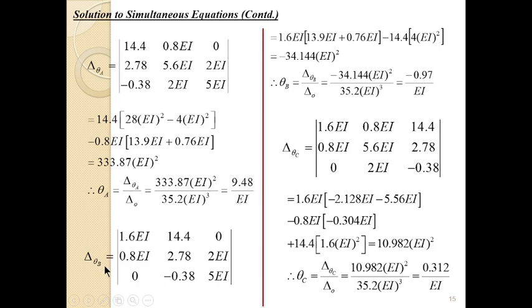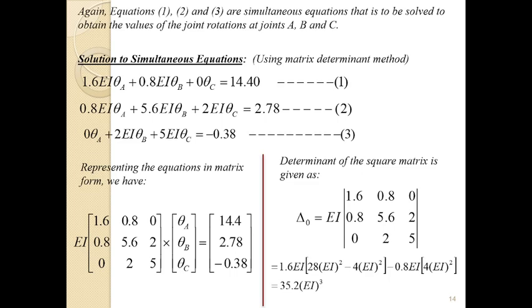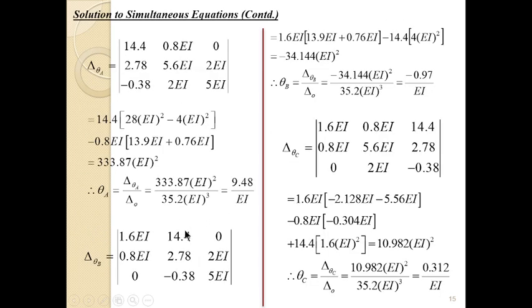You go to the one to do delta theta B again. To do delta theta B, this column is for theta B. You replace this column by this column again. So that is why for delta theta B, the middle column is replaced by that answer, what we had in the answer column.